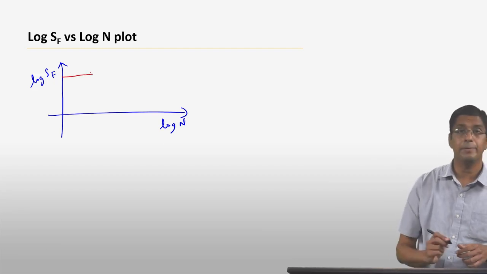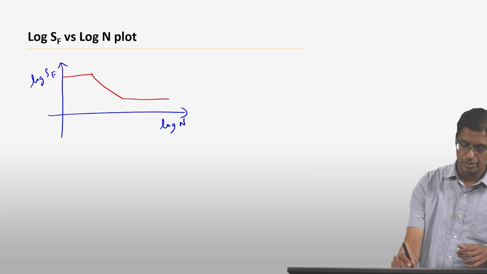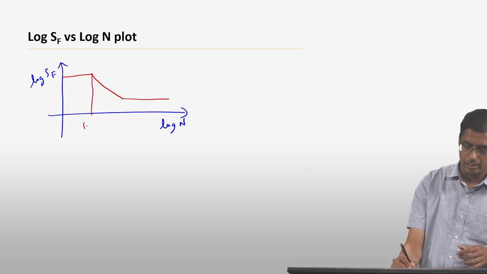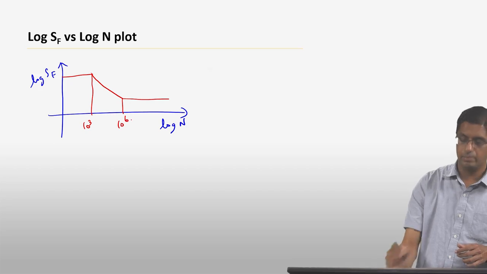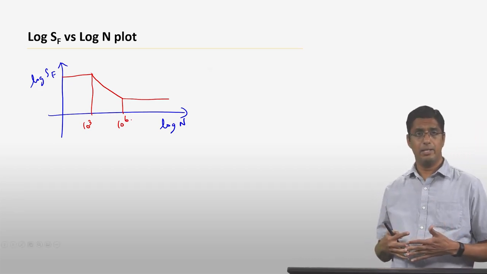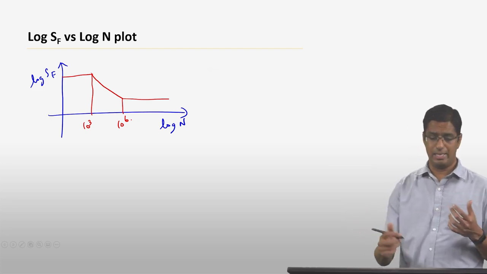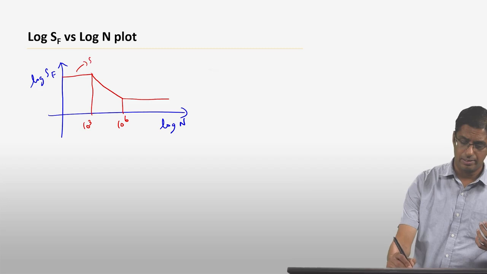It is going to be straight, then it is going to be linear, and then again it's going to be straight. So this region is about 10 to the 3 to about 10 to the 6. Essentially, for n less than 1000, the fatigue strength is essentially constant, and that fatigue strength is, as you know, 0.9 SUT.